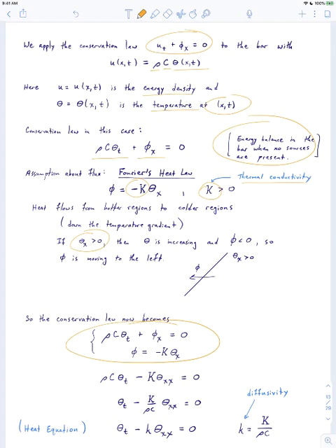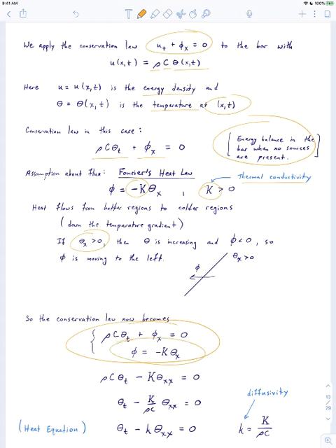So it's the rate of change of the temperature at a time t, plus the derivative of flux with respect to x. So ρ times c times the partial derivative of theta with respect to t, plus the partial derivative of phi with respect to x is equal to 0. That's our conservation law. And here we have Fourier's heat law.